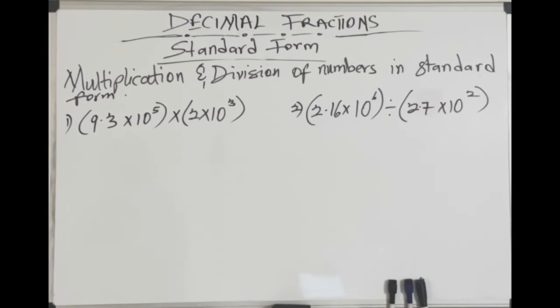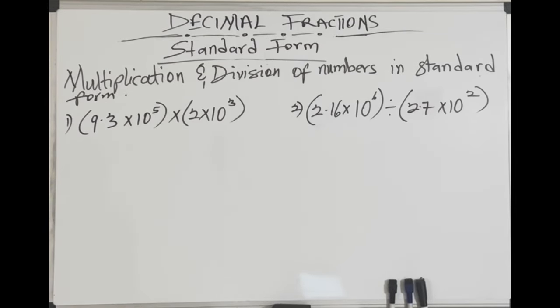We move on to multiplication and division of numbers in standard form. It's very easy. Very easy. Okay. So we have 9.3 times 10 raised to the power 5, in the bracket, times 2 times 10 raised to the power 3, in the bracket.